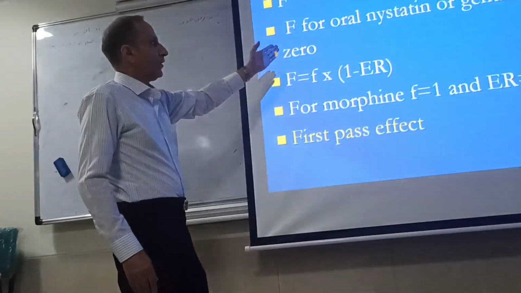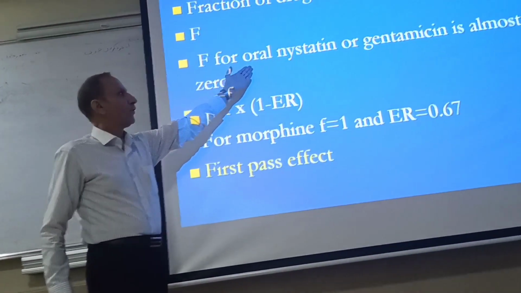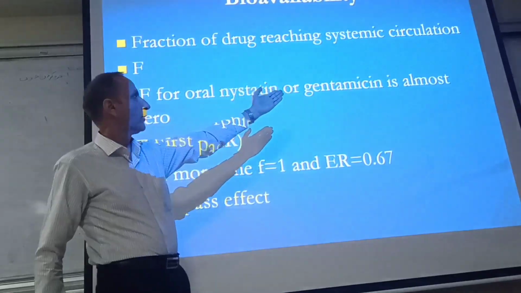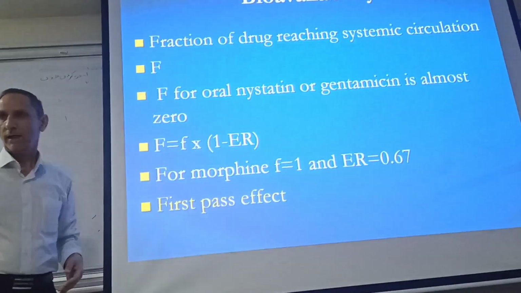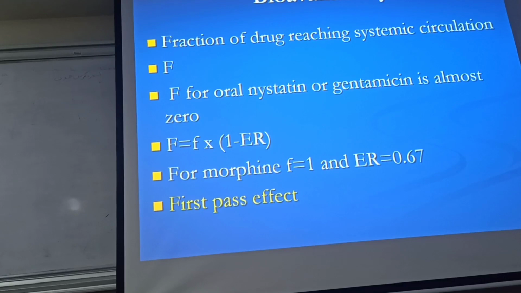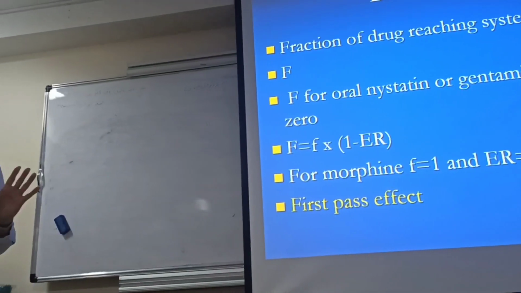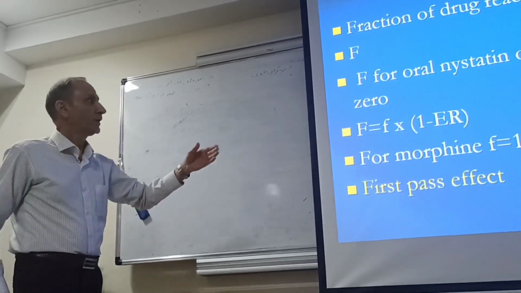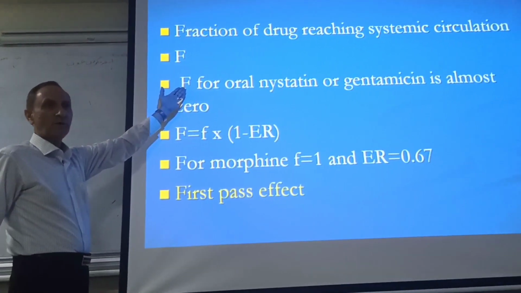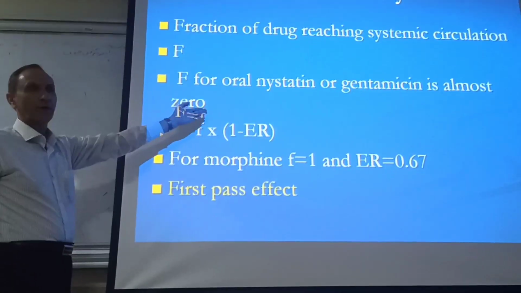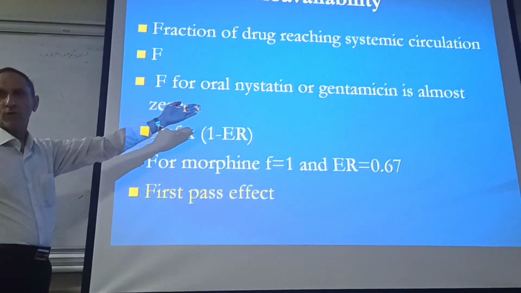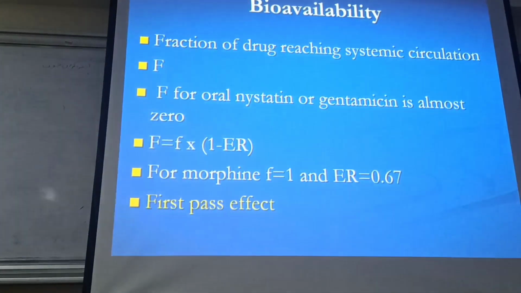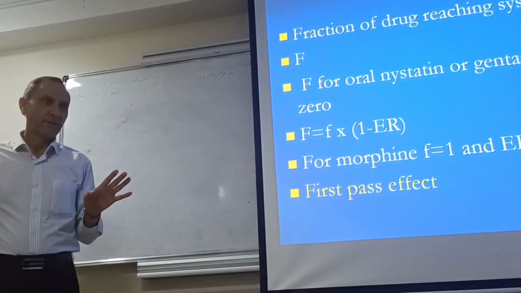If we consider oral nystatin, which is an antifungal drug, or oral gentamicin, an antibiotic, these drugs have no absorption when they are administered orally. So capital F, or bioavailability, for oral nystatin or gentamicin is almost zero, since we have no absorption.